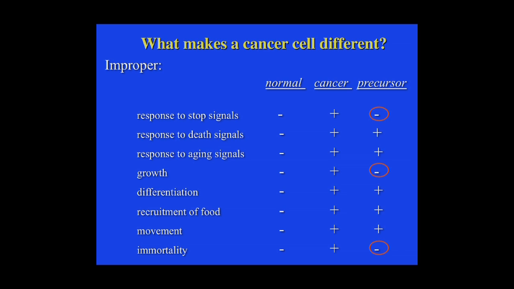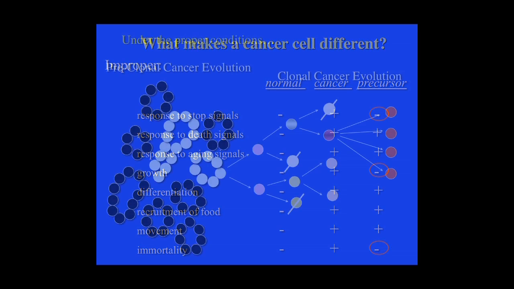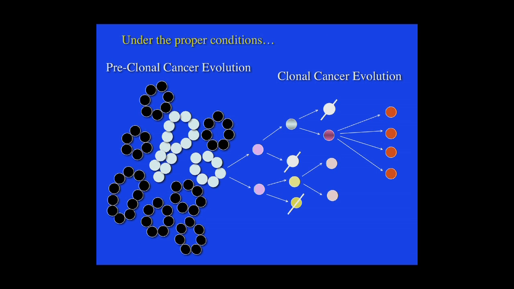Normal cells respond properly. Full-blown malignant cells are broken in all of these pathways, and precursors are simply abnormal in some of them, but they're on their way to inactivating all of these. And the idea that's emerged is that these little areas of cells then grow out and acquire mutations and go on to become malignant.